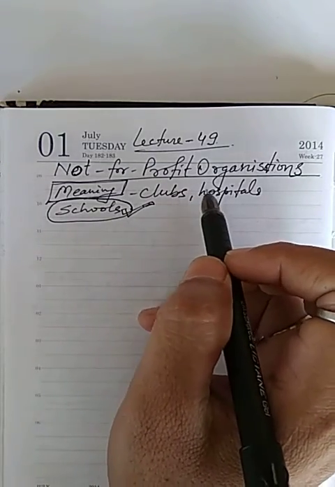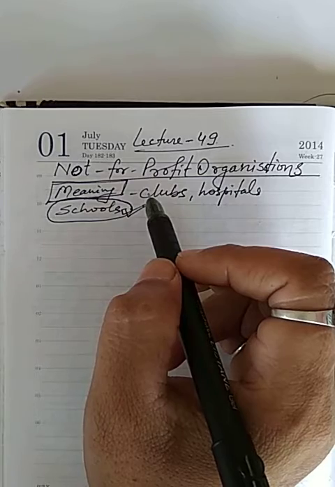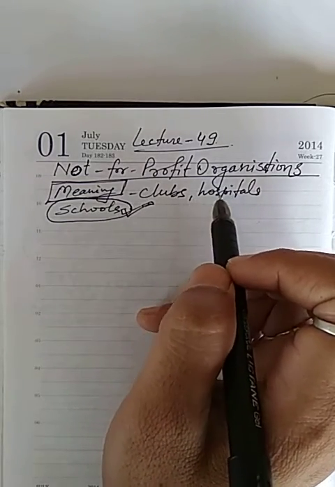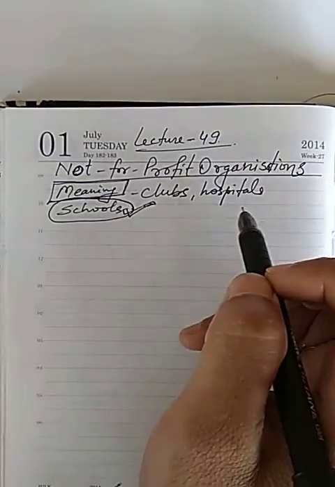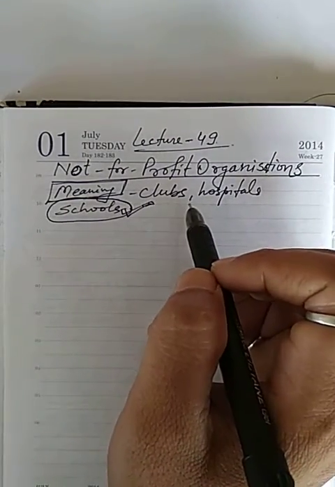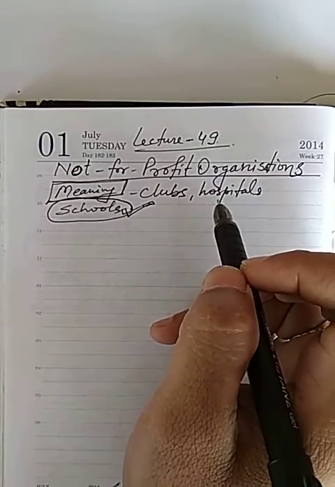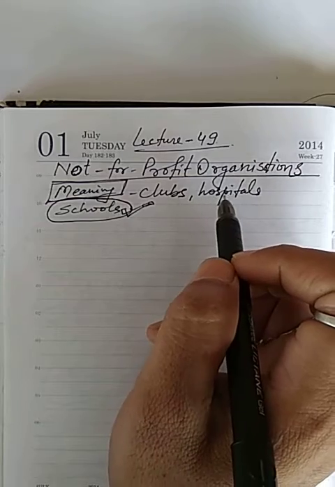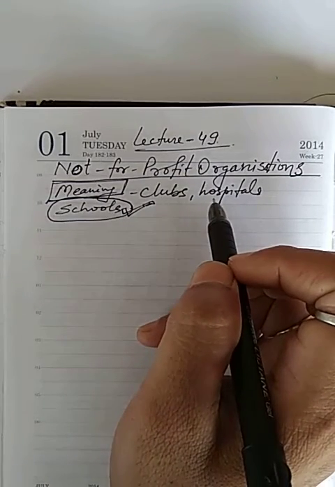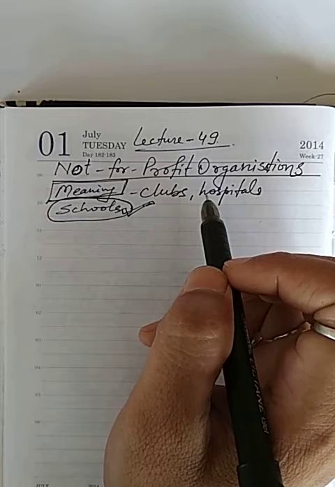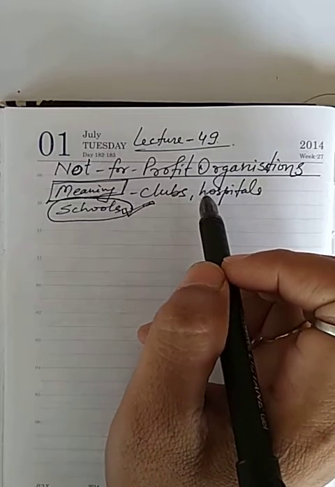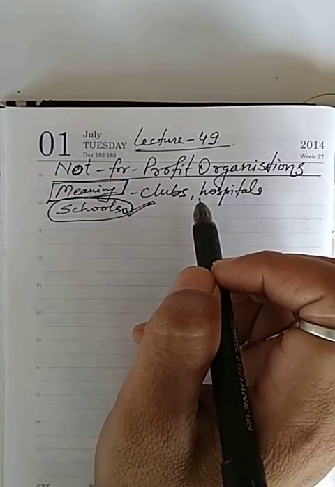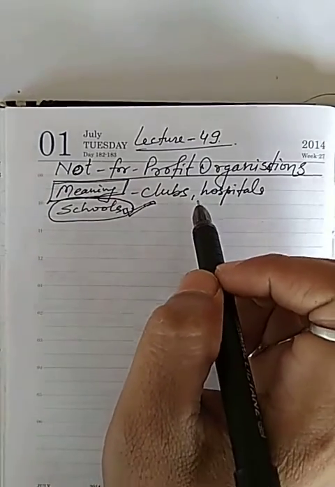As the main aim of the organization is not to earn profit, they do not prepare trading and profit and loss account. But still, they have to maintain proper accounts. This is also a legal requirement, and they would also like to know whether their current incomes are sufficient to meet their current expenses.